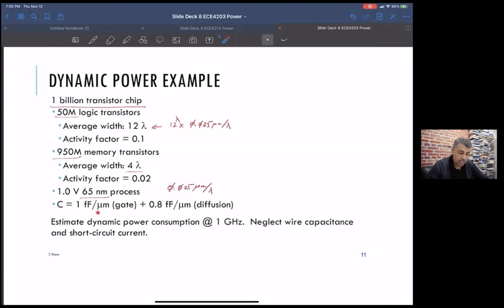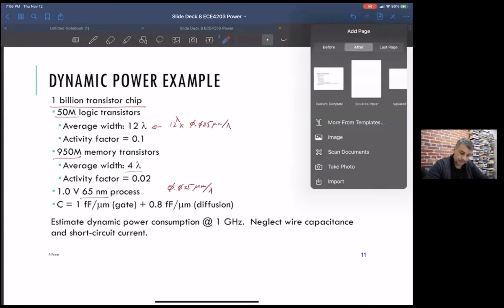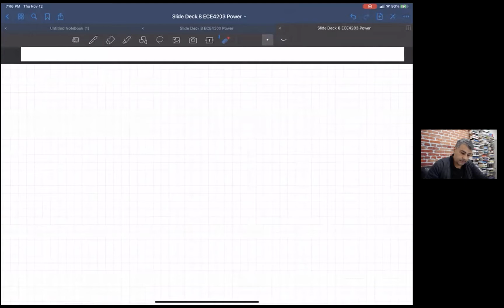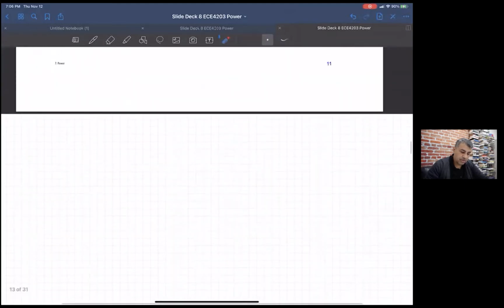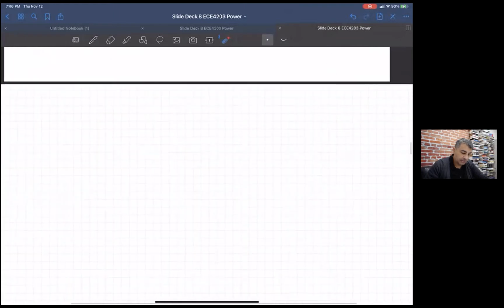So it's not an area number when you're talking about capacitance. It's given per micron of width. And then it's giving us a clock frequency of gigahertz. So once you guys take a shot at calculating that, if you need to peek at the answer, it's just in the next slide.